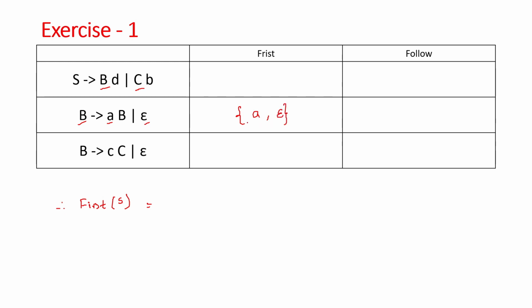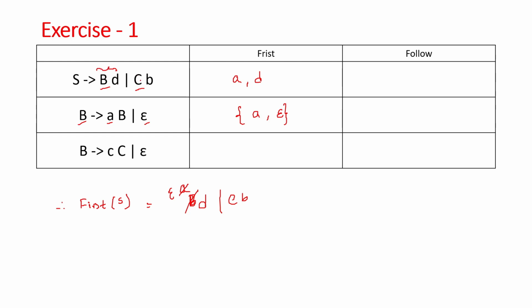This is for B. Now I have to replace these values with B. So let's say initially I had BD slash CB. If I give A, my first position is A. Now if I give epsilon, epsilon means empty, so I get D. Now this is for this part.